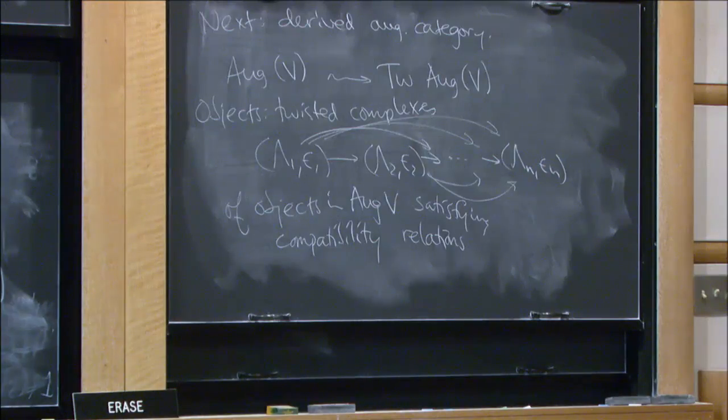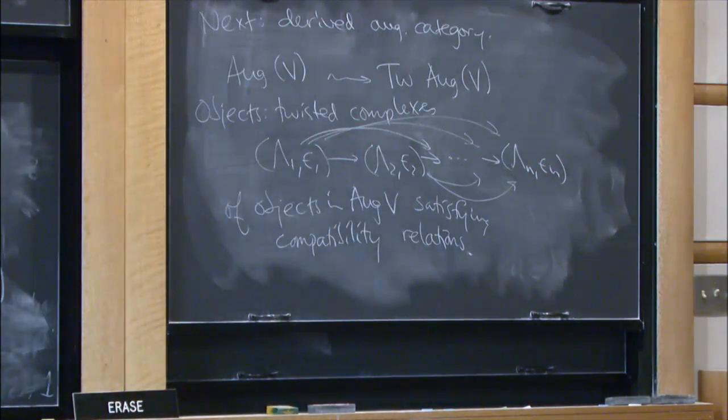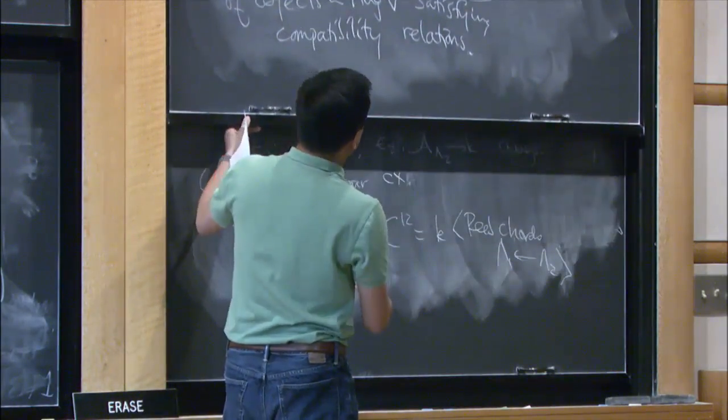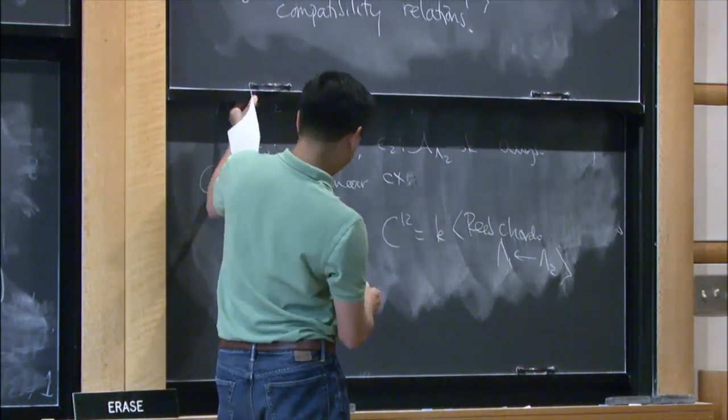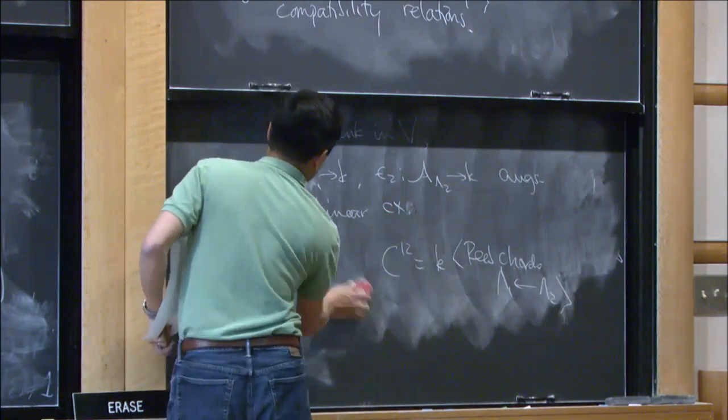I have to think a little bit about it. But the good news is that in this particular setting, I can tell you what a twisted complex is in our setting.